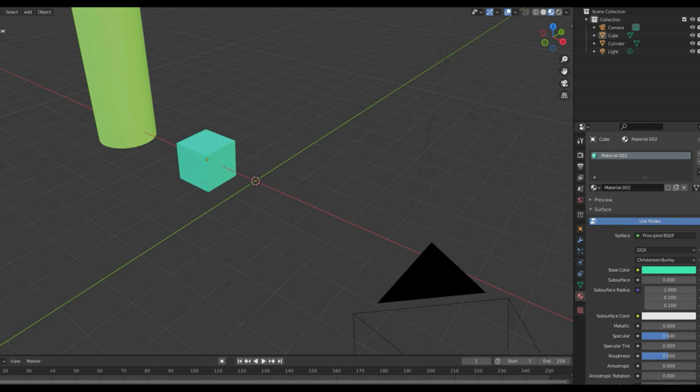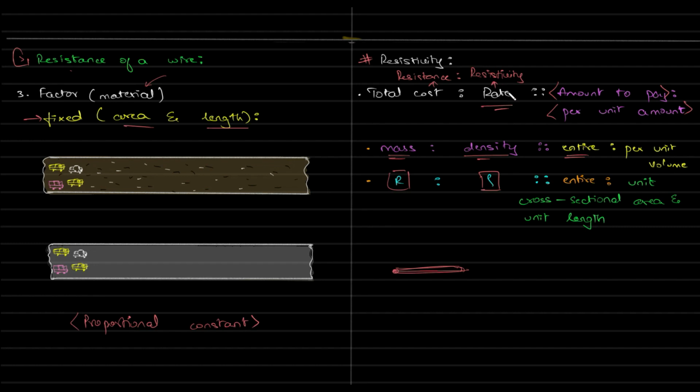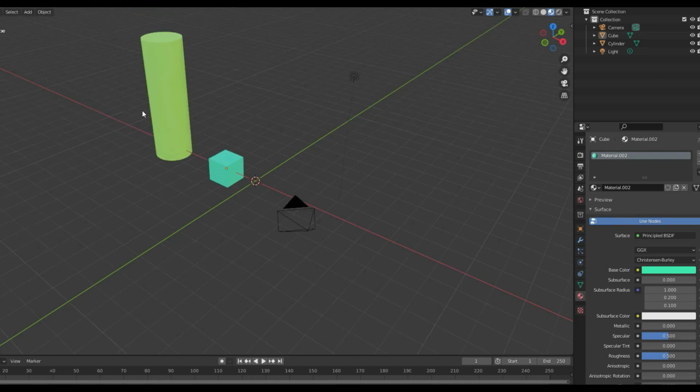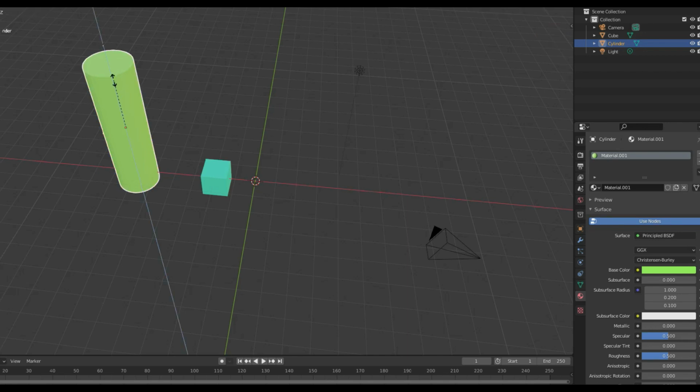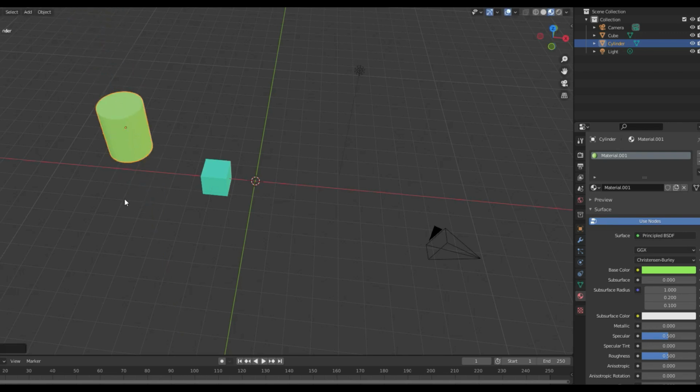We'll be talking about resistance and resistivity in terms of the formula also, but I hope you understood. Whatever they ask, resistance depends on the length. Like with this material, I can change the resistance just by increasing or decreasing the length. But the resistivity of this material is always this. You can't touch this.